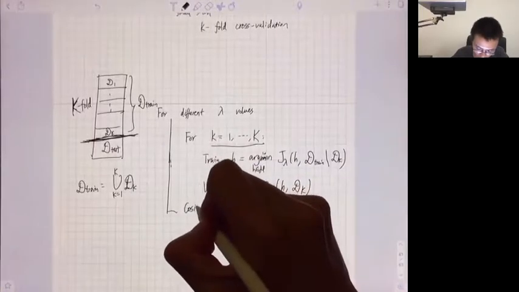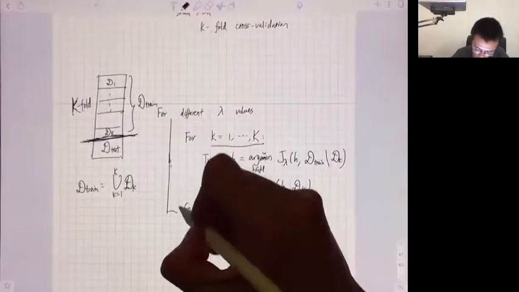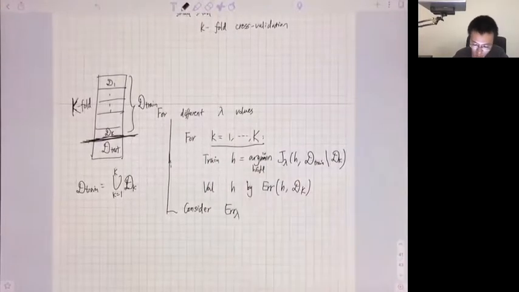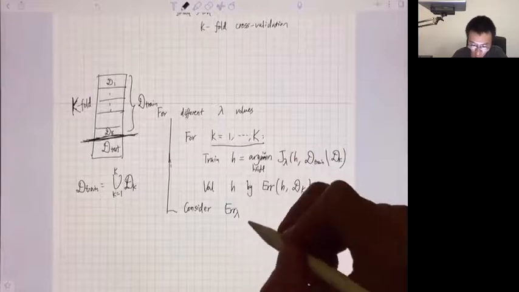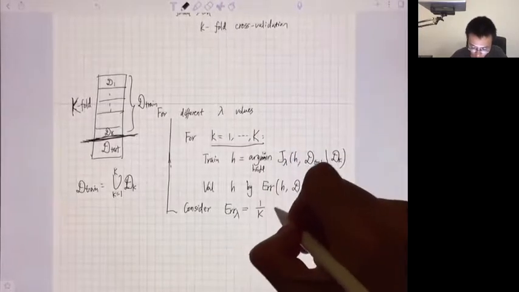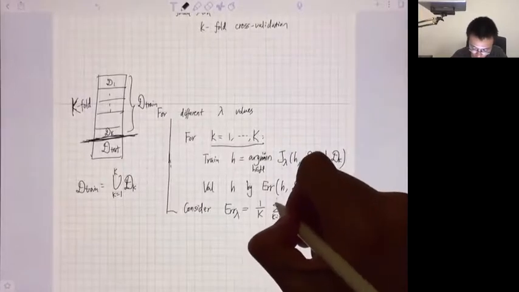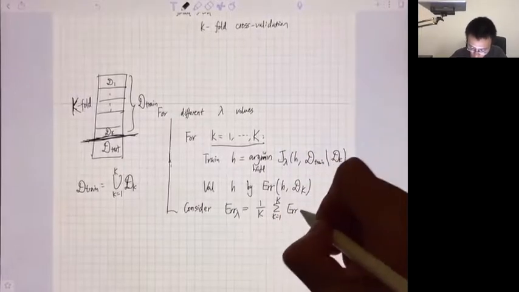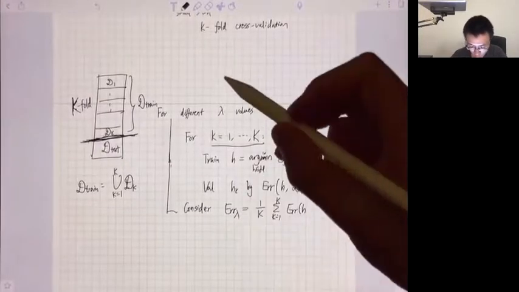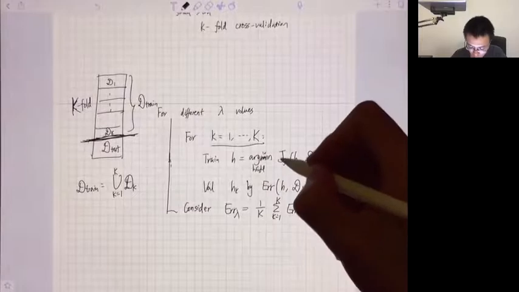After you have done 1 to K, consider the average loss for this lambda, the average error for this lambda, which is 1 over K times the sum over little k to K of the error of the h you find for the kth fold, so for the kth hypothesis.